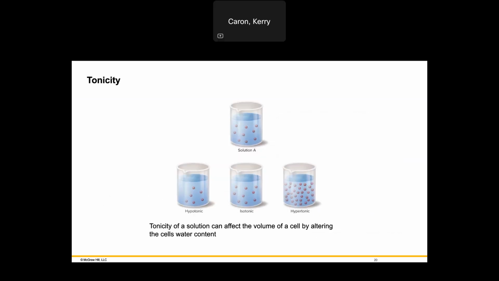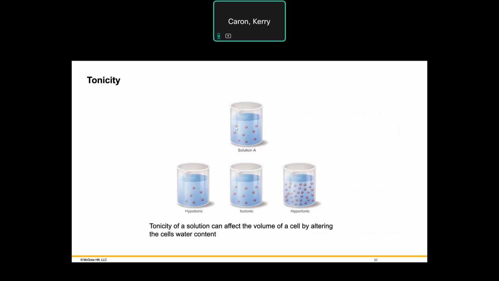Tonicity. So tonicity of a solution can affect the volume of a cell. One of the reasons this is important for you to know is what happens to a cell with tonicity, also IV fluids, and different processes of the body to maintain its water balance.